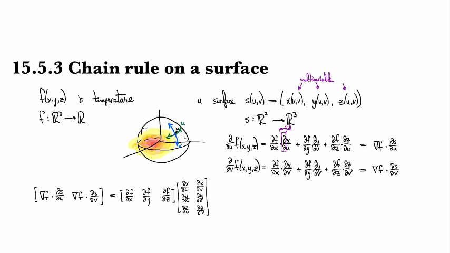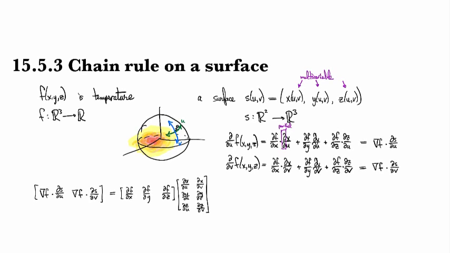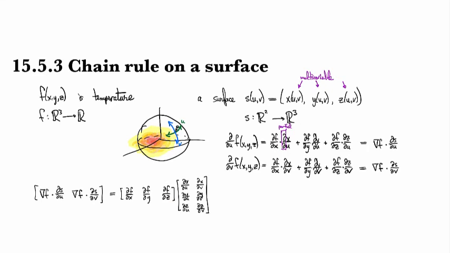And then if you were going to be looking at something more complicated, so instead of f being a function into R, codomain R, if it was, say, into R2, then you'd have a couple of component functions, an f1 and an f2, and you'd have a second row in this first matrix here, and so on and so forth. Now, we won't need anything that complicated for this class.